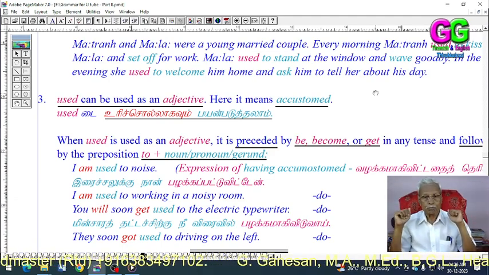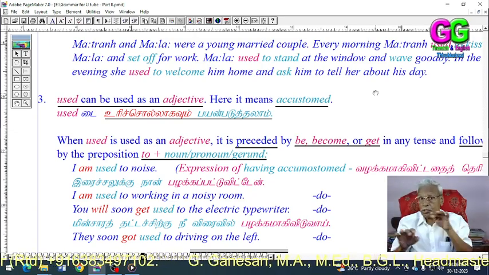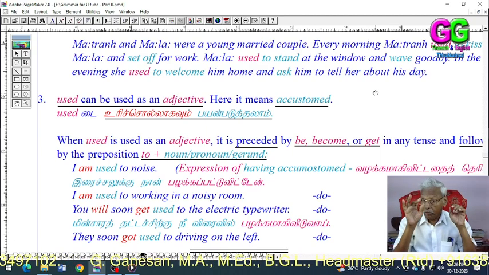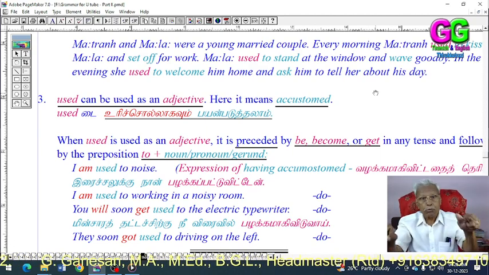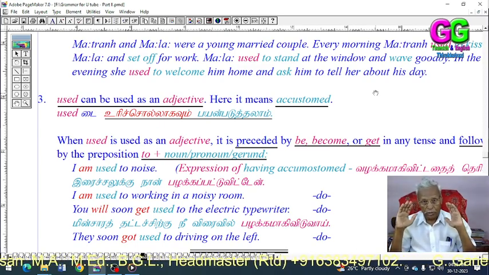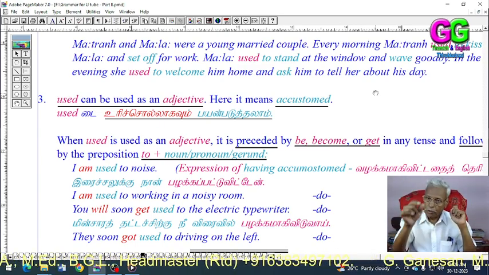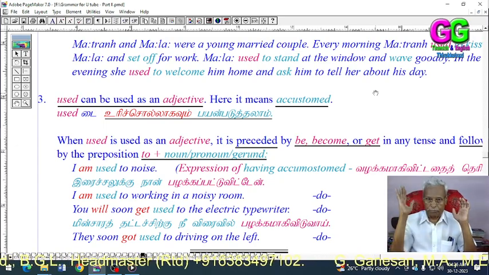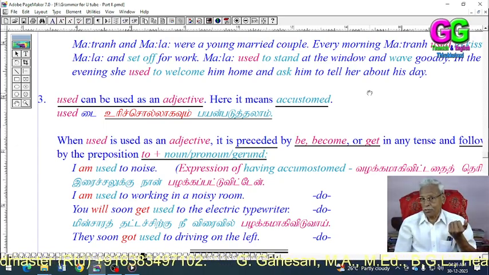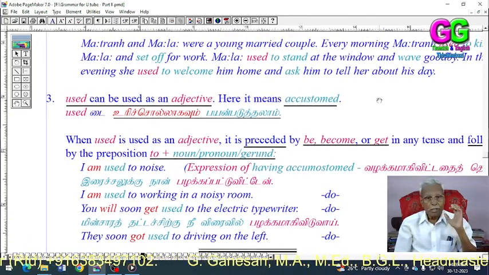It does not function as a modal or an auxiliary. Then it can be used as an adjective.